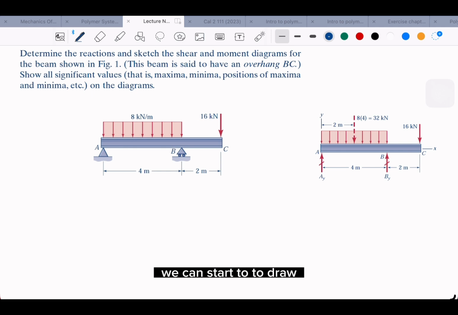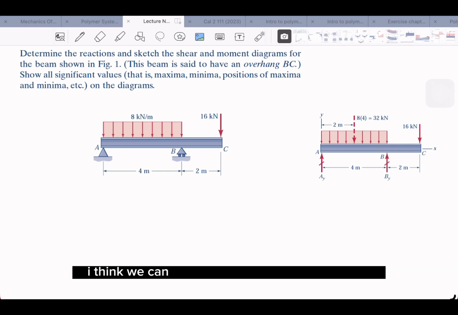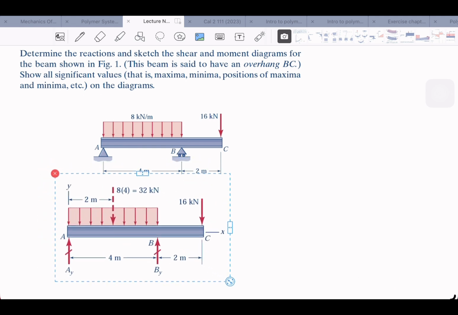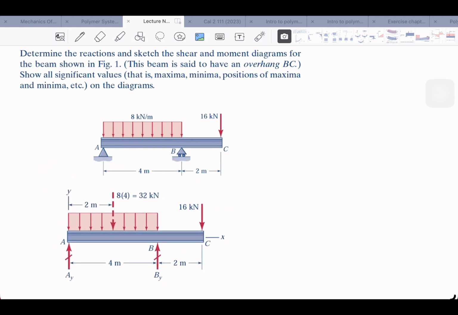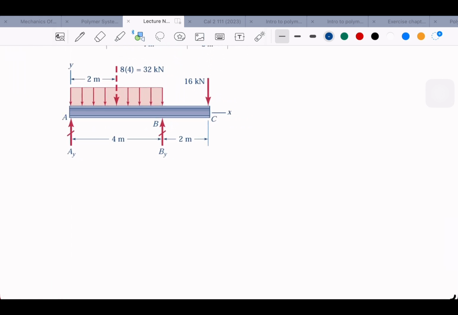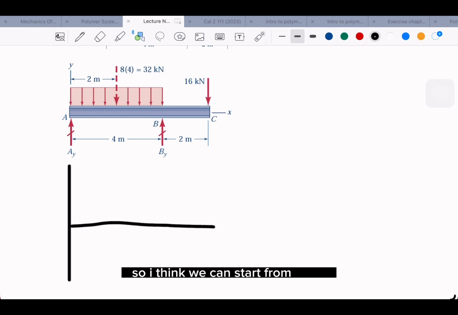start to draw. I think we can take the drawing from here, just to get help from there, and then we can start to draw. So I think we can start from there.